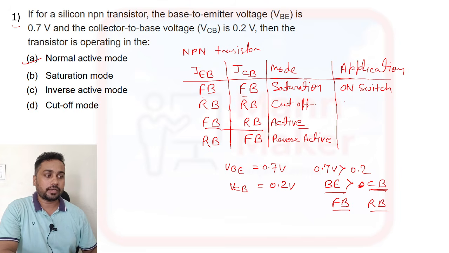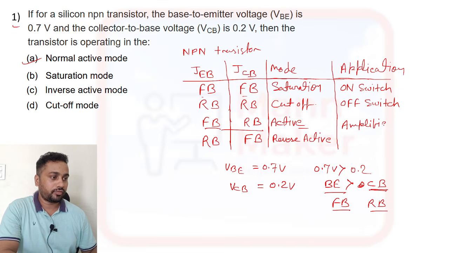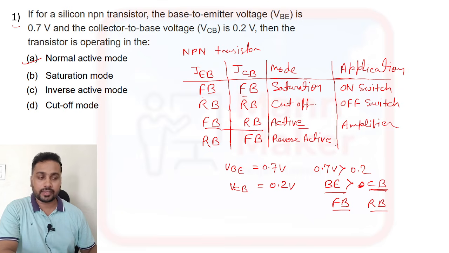When it is in the cutoff region, it works as an off switch. When it is in the active region, it works as an amplifier. When it is in reverse active, it works as an attenuator.